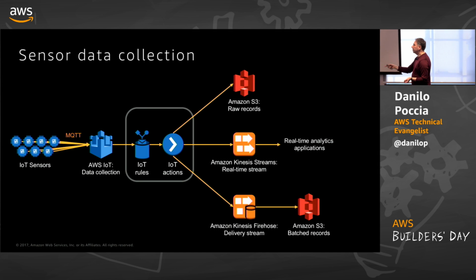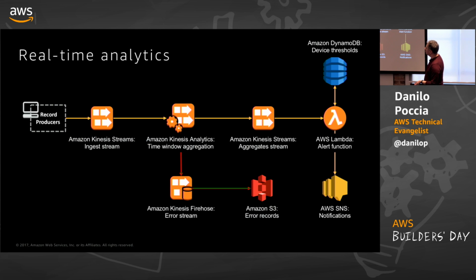Or you can send the data to a Kinesis Firehose delivery stream that stores the information on S3. A trick is using buffering: you can create a file, for example, every 5 minutes or 15 minutes. And this can trigger a Lambda function that can process the whole file together. So it can be a good way, if you don't need very low latency, to optimize your cost.